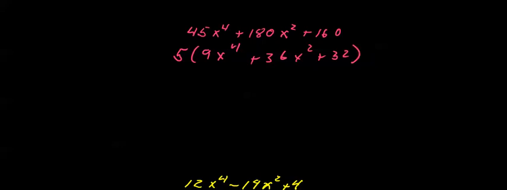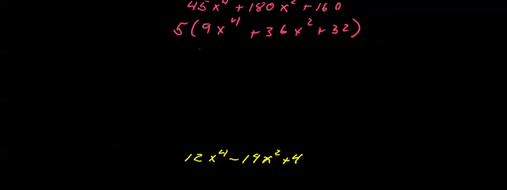And then we're going to do our parentheses like always, but instead of x and x, we have an x squared and an x squared.